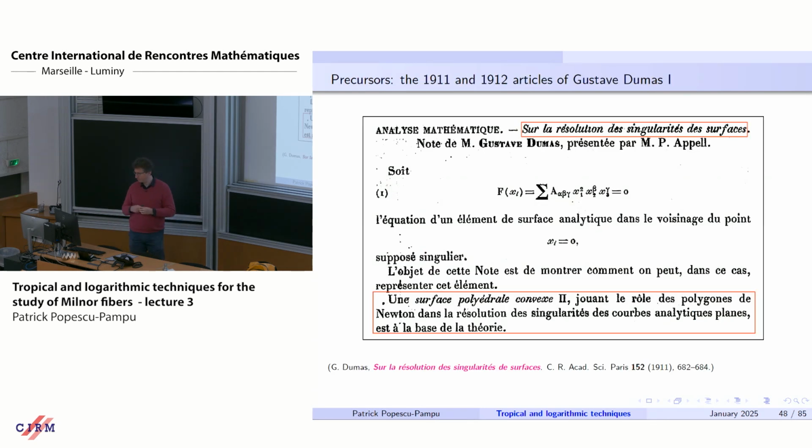That person was named Gustave Dumas, and he published two Comptes Rendus notes in 1911 and 1912. Here is the beginning of the first one, on the resolution of surface singularities. So let f of something equal, there is a misprint here, the exponent 2 should be alpha, the equation of an element of analytic surface. So here element could be interpreted as a germ in the neighborhood of the point xi equals 0, assumed singular.